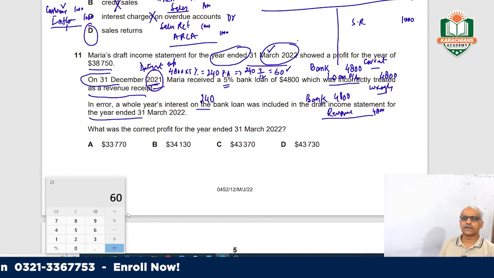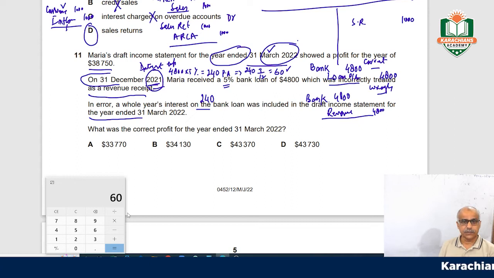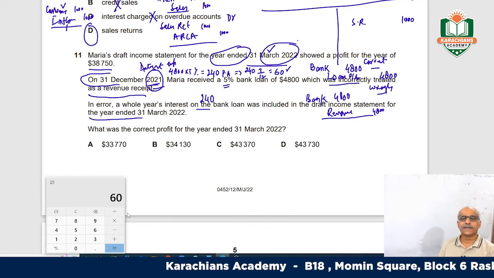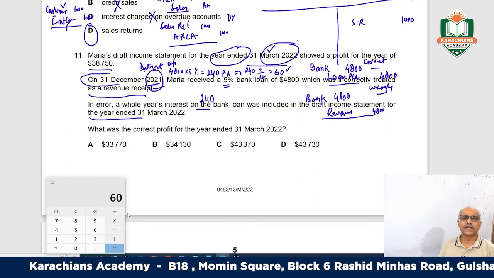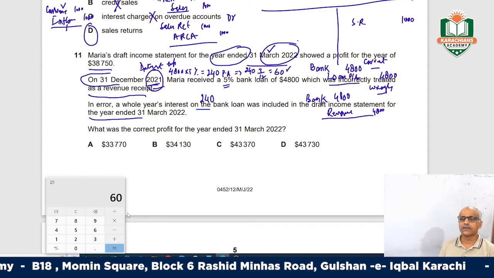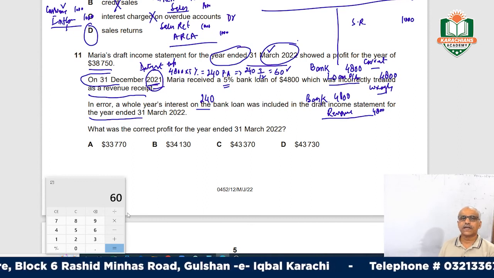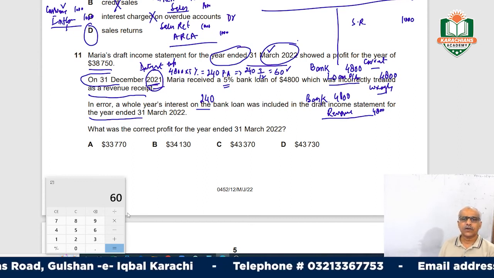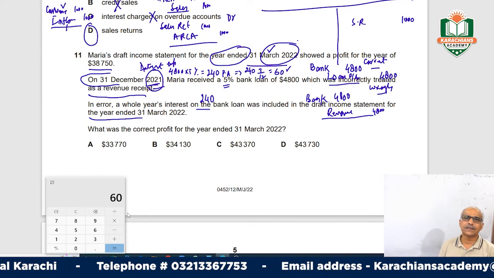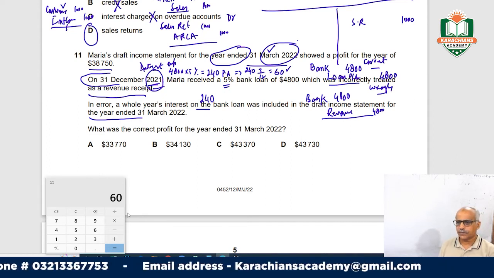So what mistakes has he done? Number one, he has charged extra interest expense. Number two, he recorded 4,800 as sales and revenue while it was not sales or revenue. So this 4,800 has increased the profit. On the other side, 240 has decreased the profit. So now we have to correct it.